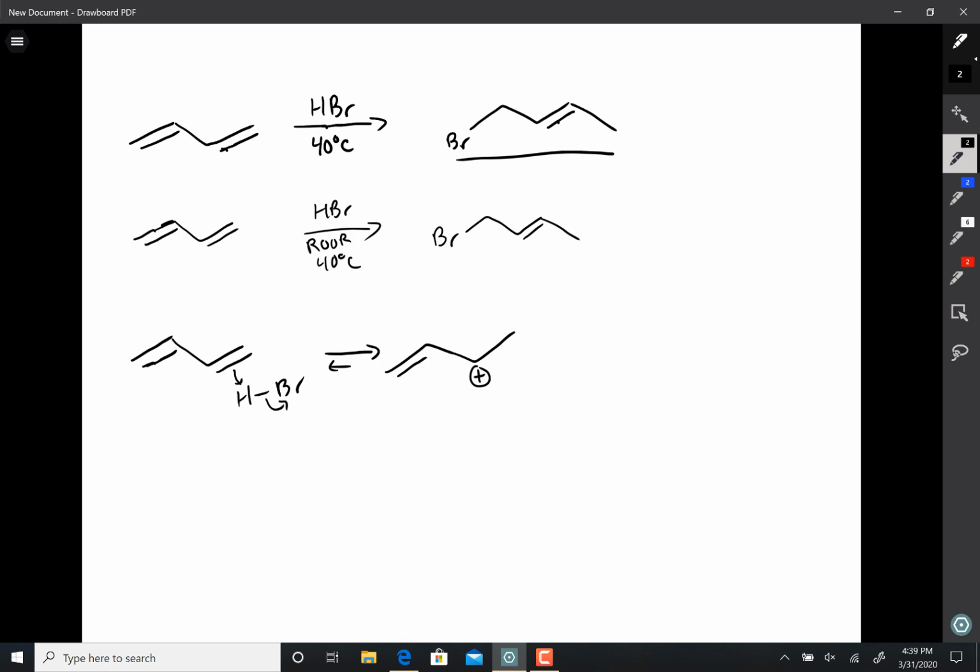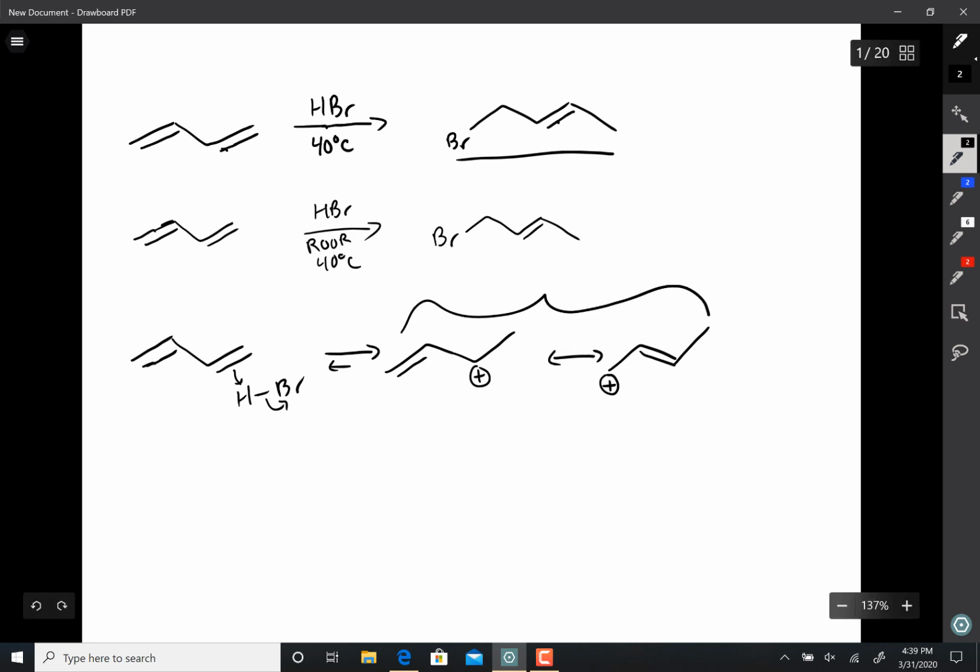This carbocation is resonance stabilized. And so these two molecules are resonance structures of each other. These two molecules are the same molecule. They're just resonance structures of each other.